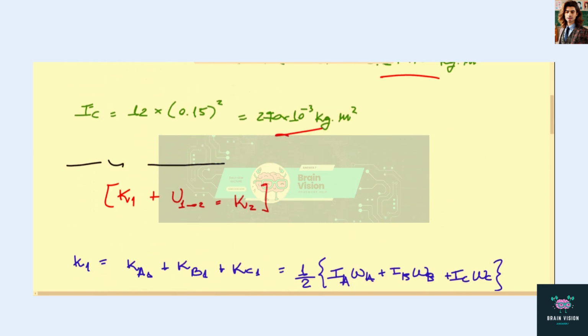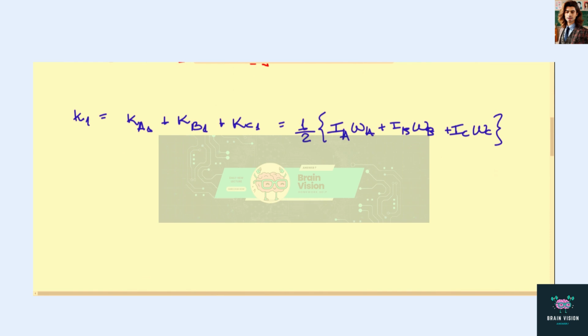Therefore, let's use the kinematics theory. We know that R_A omega_A needs to be equal to R_C omega_C. Therefore, we can say that omega_A is just R_C omega_C divided by R_A.